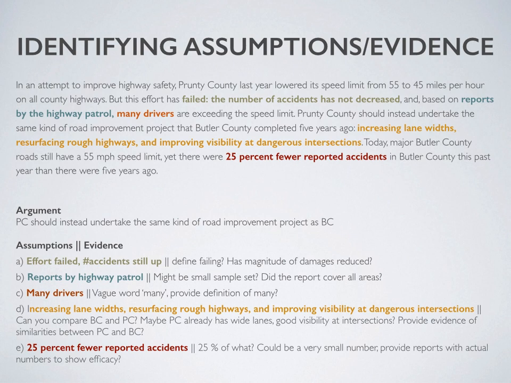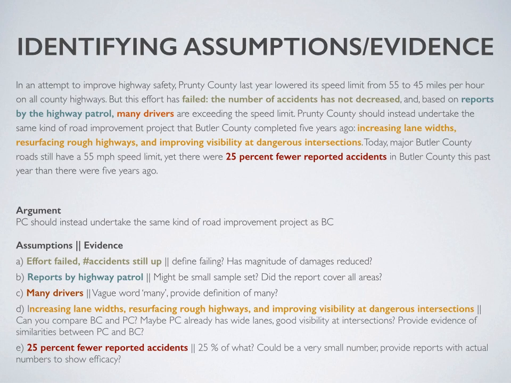Finally, the author talks about the fact that there were 25% fewer reported accidents in Butler County. Again, the term 25% is very subjective. It could mean anything. 25% of 100 reported accidents, for example, is not such a big number, but 25% of 10,000 reported accidents might actually be a big number.